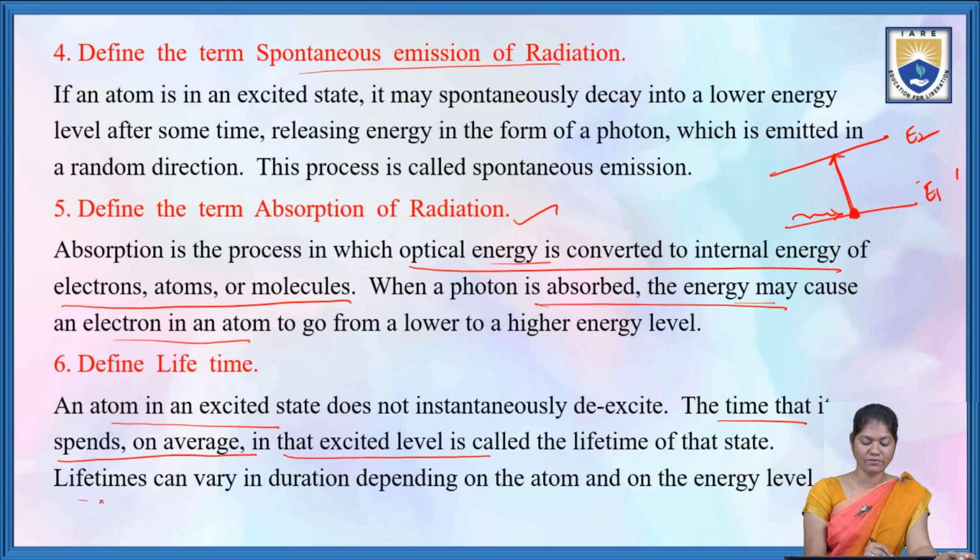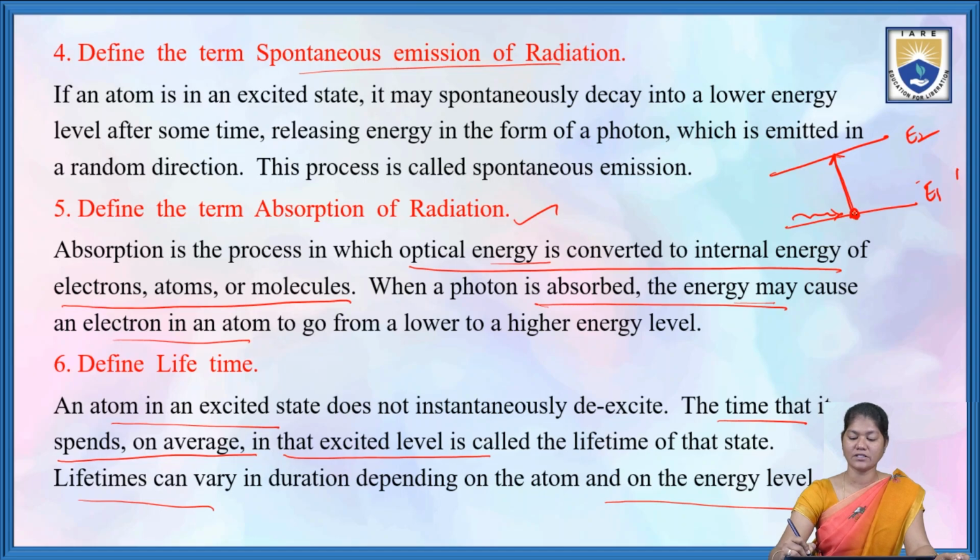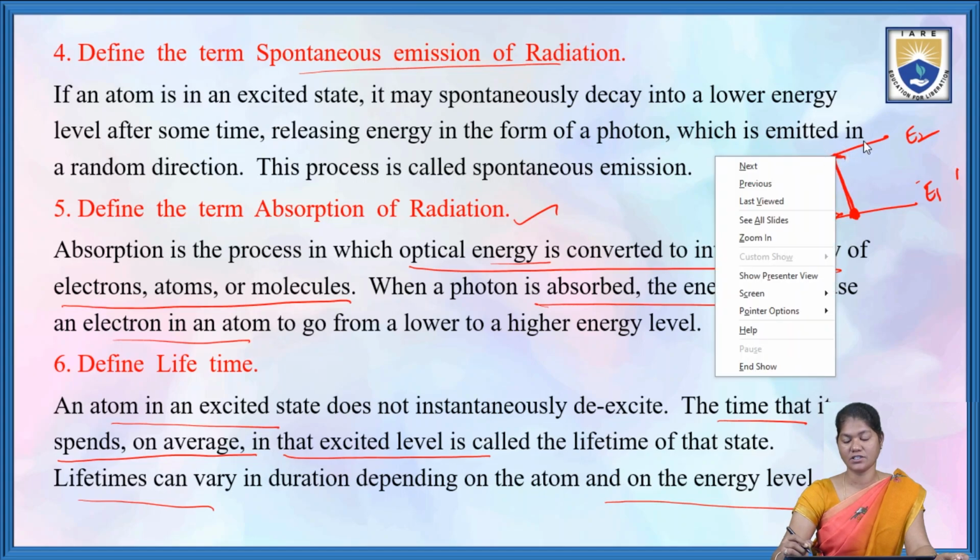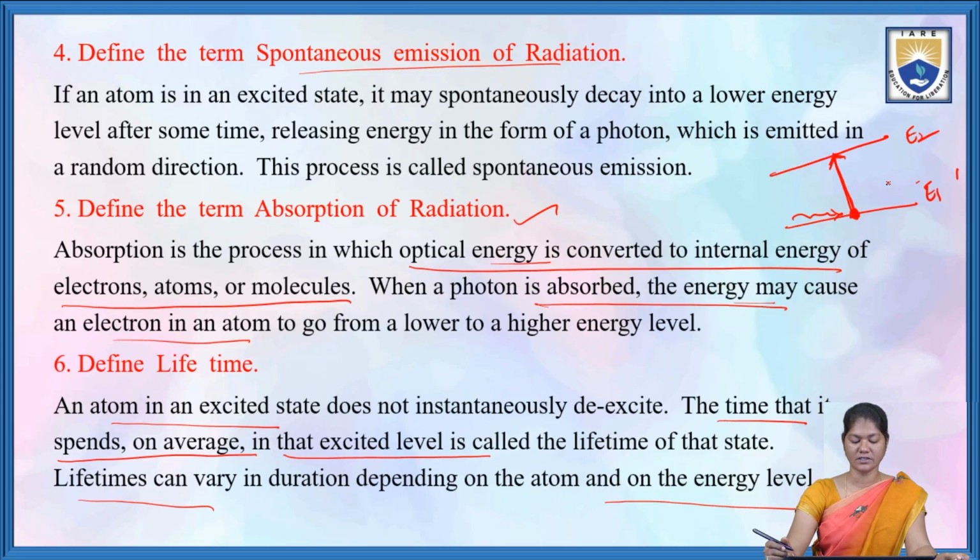Lifetimes can vary in duration depending upon the atom and on the energy level. When the atom transits to a higher energy level, it won't be there for a long time. It may de-excite after some time and transit to a lower energy level. How much time it spends at the higher energy state, on average, is called the lifetime of that energy level.